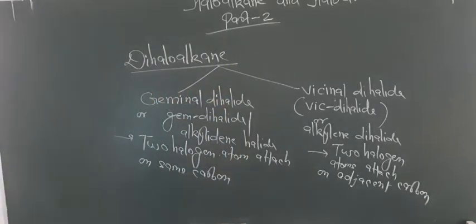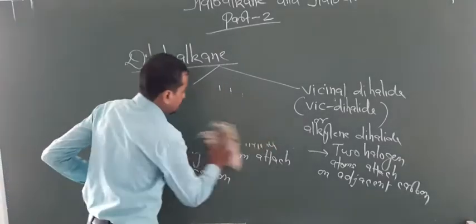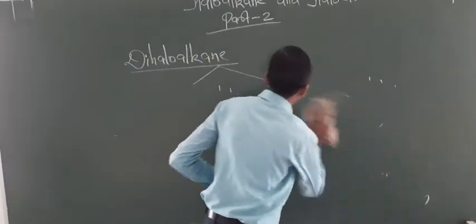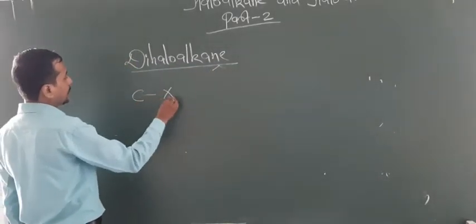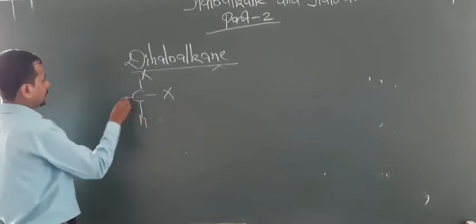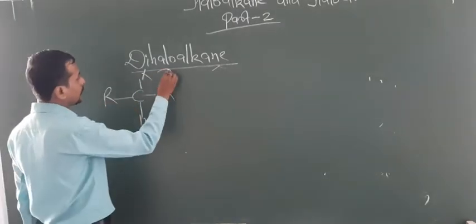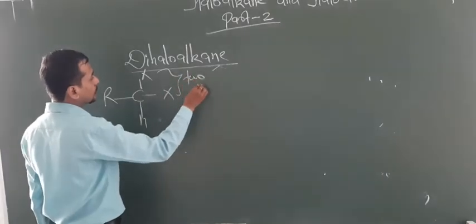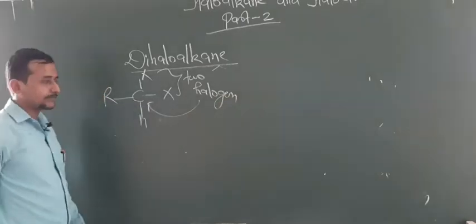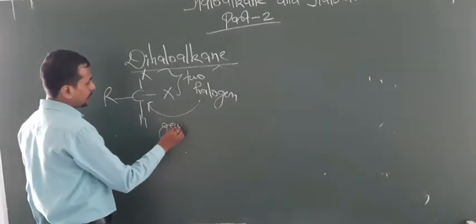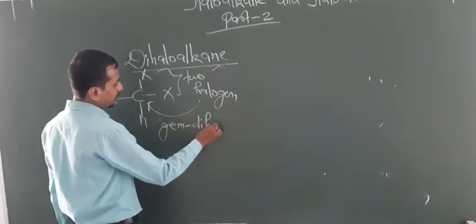So look at the example of geminal and vicinal dihalide. Here two halogens are on the same carbon, so this is known as gem dihalide.